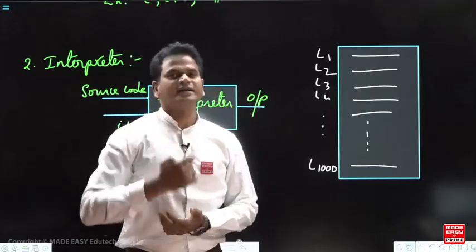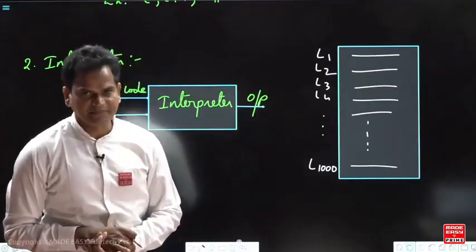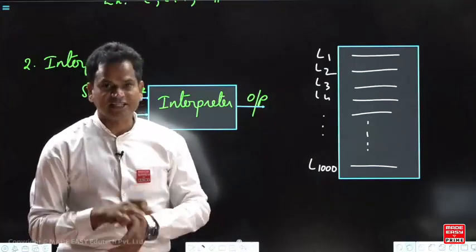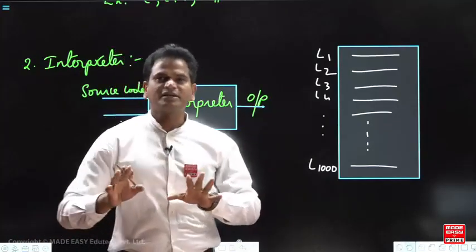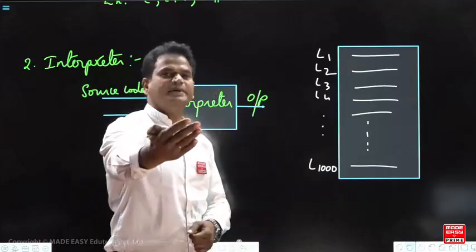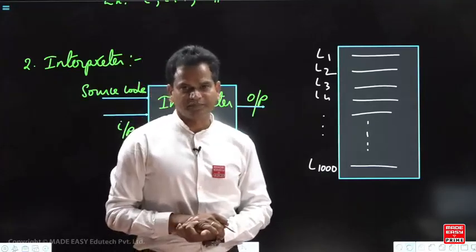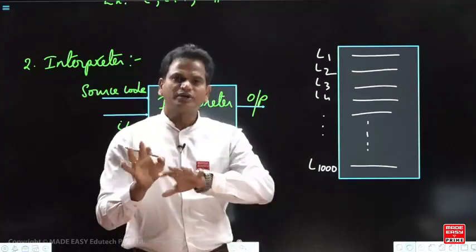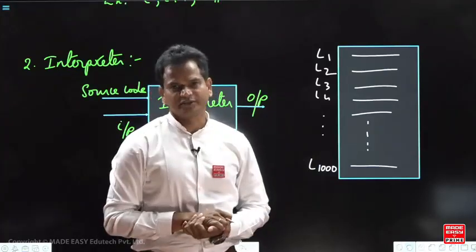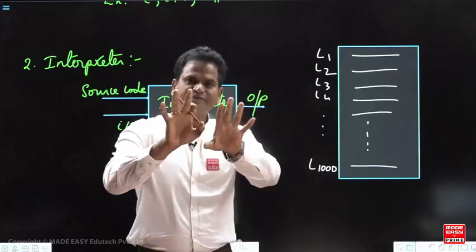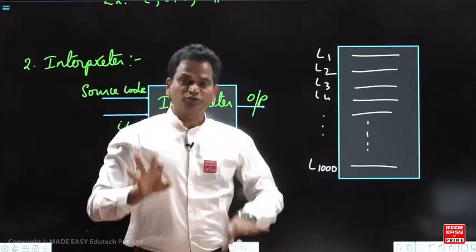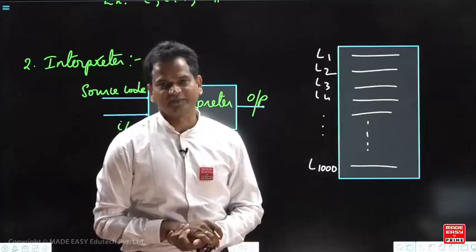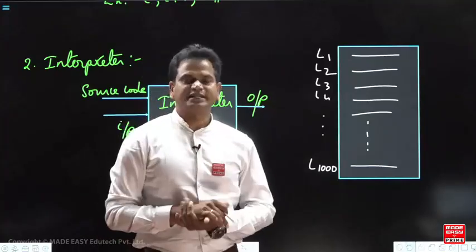If there is an error at line 3, the interpreter immediately stops, an error has occurred, and that error is immediately produced to the user: such and such error at line 3. Do you understand? Only that error is given to the user. So the user psychologically feels happy: oh, I have got only one error. So he can easily diagnose that error.